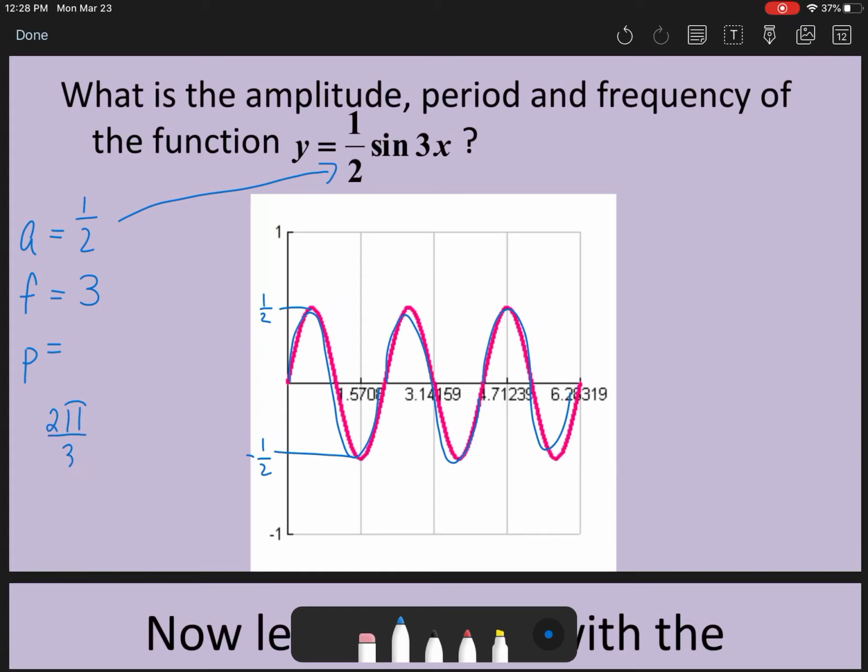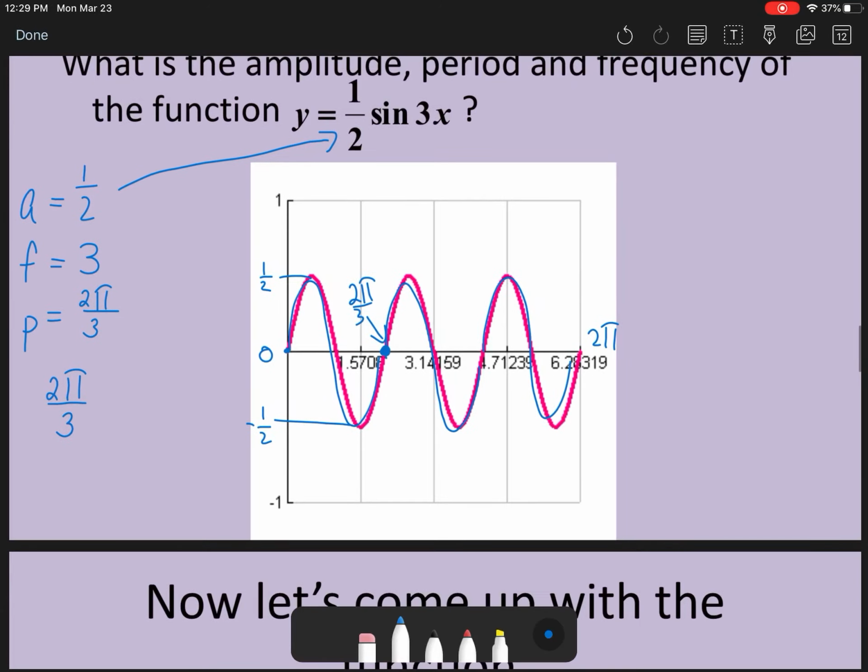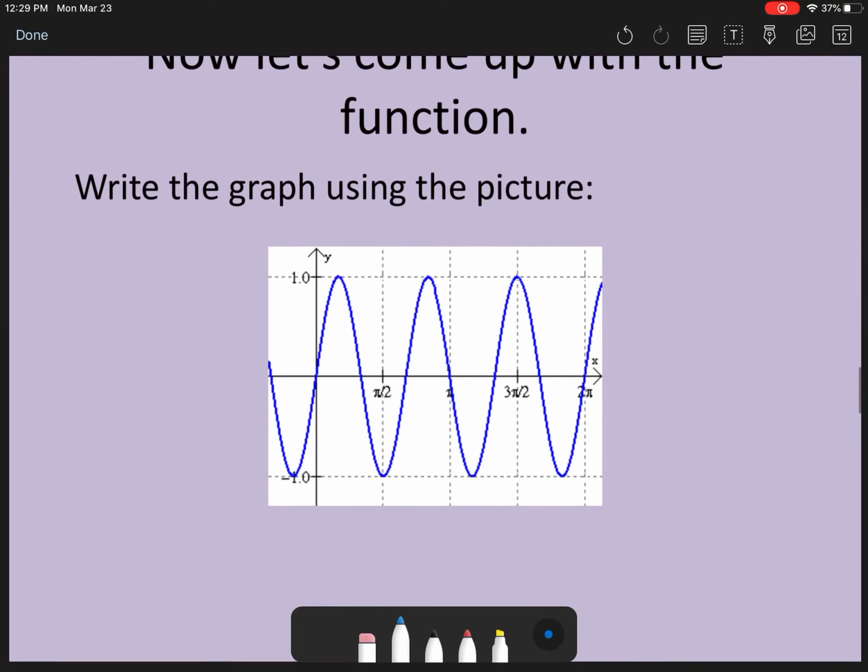And the period is 2 pi over the frequency. Okay, so remember this is going from 0 to 2 pi, and since we have 3 full sine curves within that span, that's why you're dividing by 3 to find out where we have just one full sine curve, okay? And that ends right here. So this is where we would find 2 pi over 3.